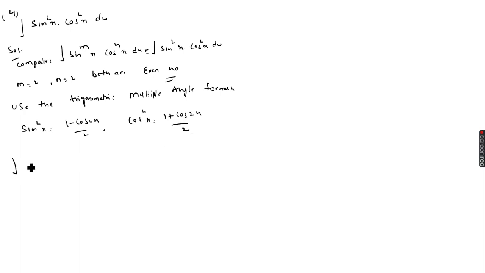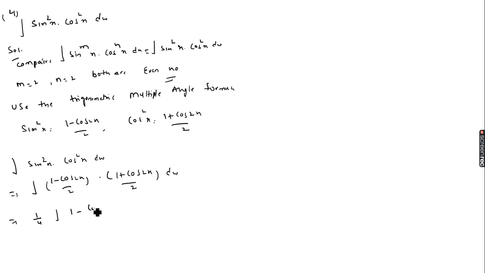So therefore integration of sin square x into cos square x into dx, this is nothing but integration of sin square x. How to write sin square x? 1 minus cos 2x by 2 into cos square x, 1 plus cos 2x by 2 into dx, and we write 1 by 2 into 1 by 2, that is 1 by 4, a plus b into a minus b, a square minus b square.